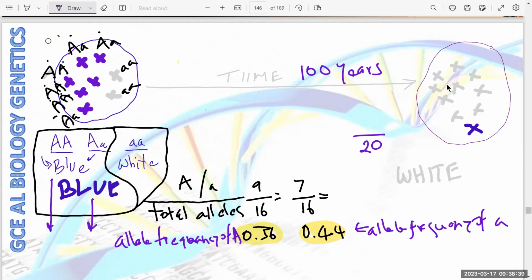Here there are 20 alleles, and 18 are small a. That means the new allele frequency is 0.9. And capital A is 0.1.